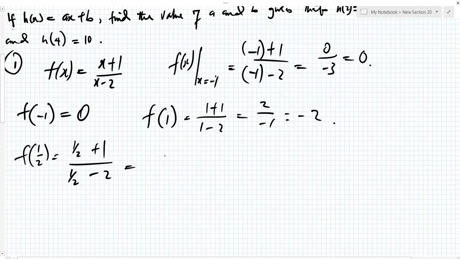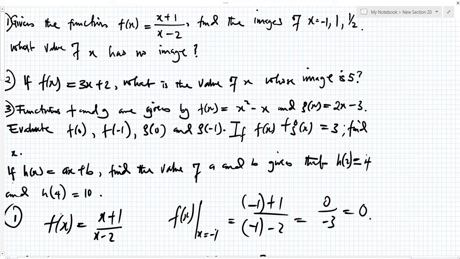The numerator will be 3 over 2, divided by the denominator, which will be minus 3 over 2. They cancel out, you're left with minus 1. So f of 1 over 2 is equal to minus 1.